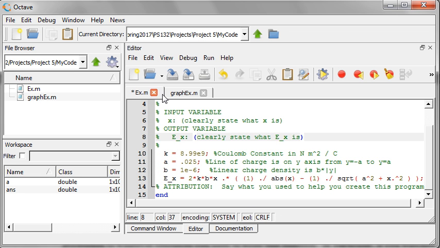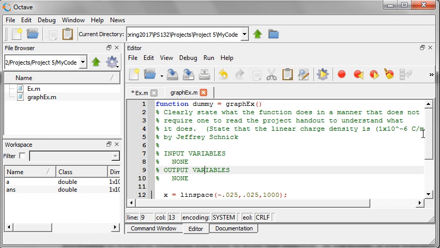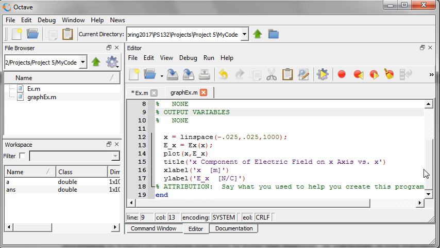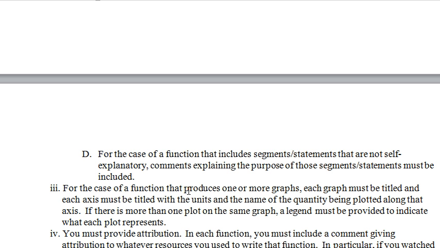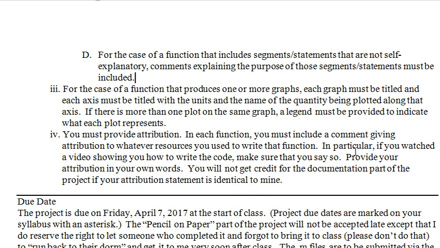So I didn't think that needed any clarification. Then over here, I said everything was straightforward. In my opinion, everything is straightforward. You can tell just by looking at it what's going on. So enough about non-self-explanatory code.